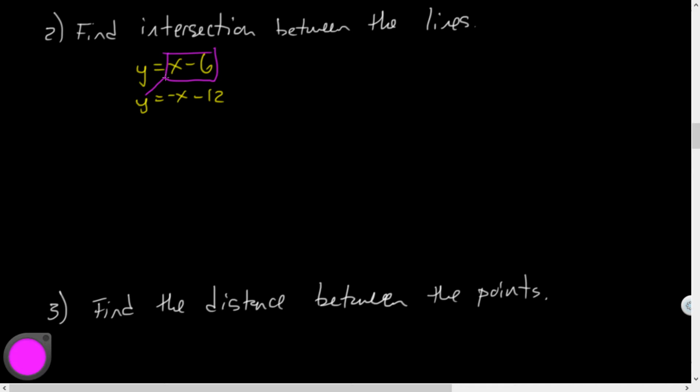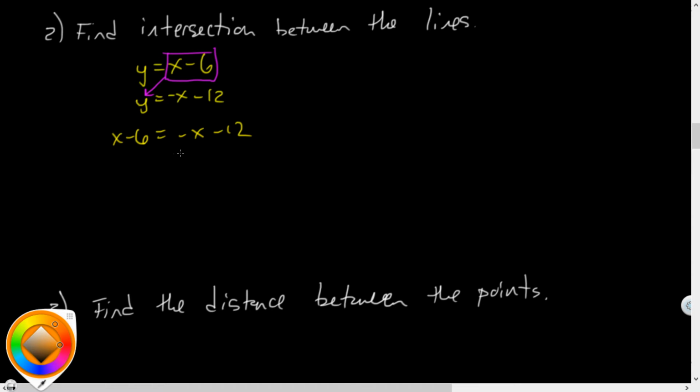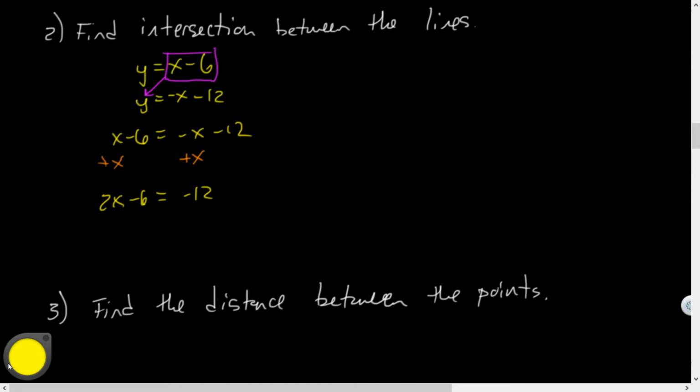So I will replace that for y. So x minus 6 equals the opposite of x minus 12. Let's solve for x, bring those x's together, add it to both sides. 1x plus 1x, 1 apple plus 1 apple is 2 apples, my friend. 2x minus 6 equals negative 12.